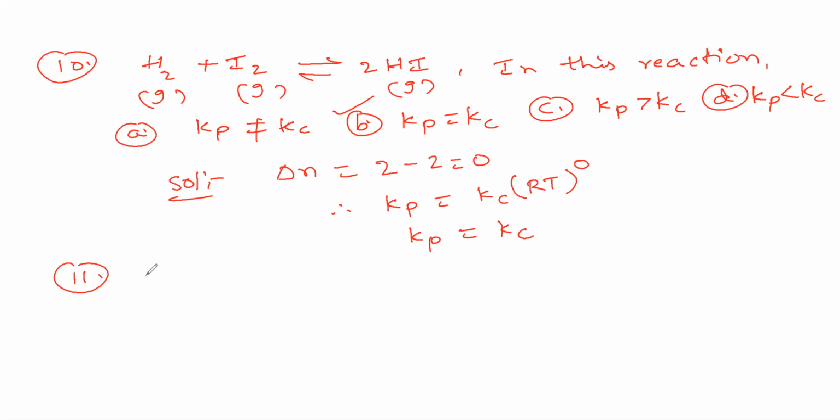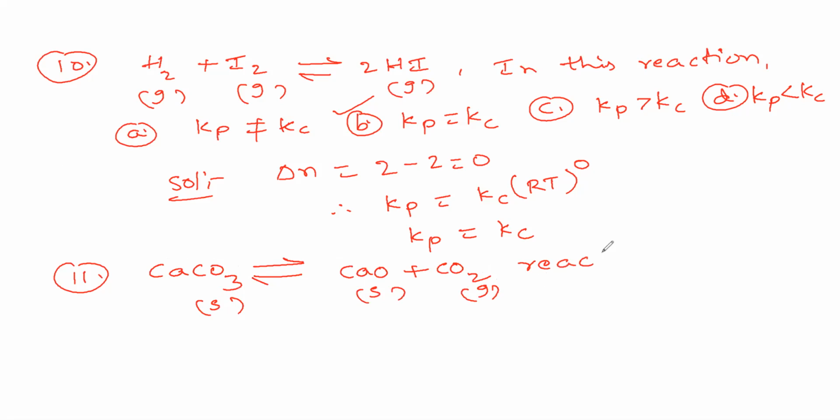Next question. Calcium carbonate on heating strongly forms calcium oxide plus carbon dioxide gas. This is solid, this is solid. The reaction in a lime kiln goes to completion because the reaction is carried out in a lime kiln.